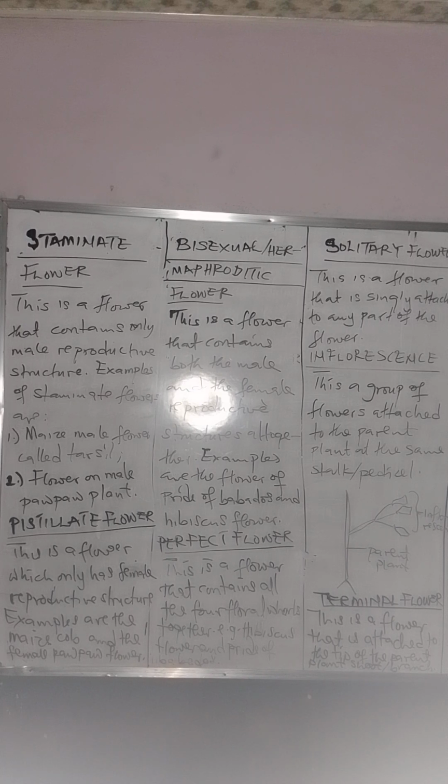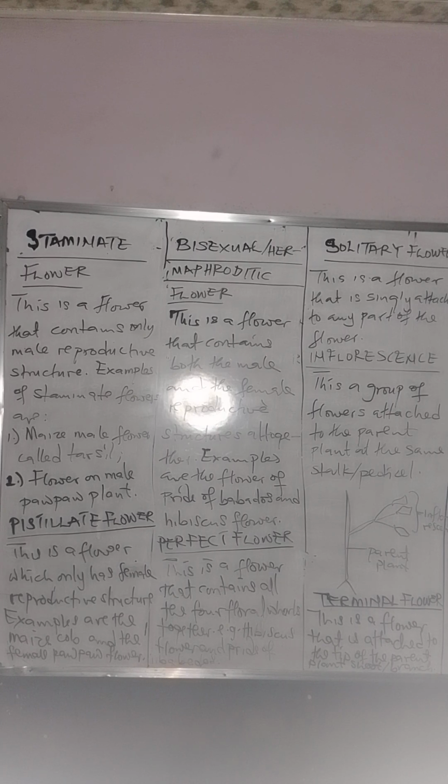It has the calyx, it has the corolla, it has the androecium. That's unisexual. It's not even perfect because it has the androecium, but it doesn't have the gynoecium. So it's not perfect because it lacks one part.